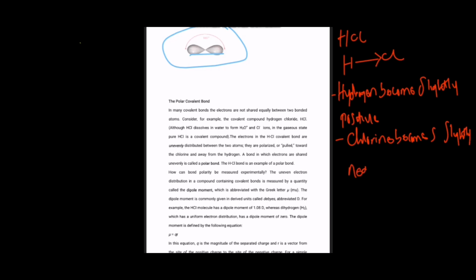Are we together? What this unequal sharing that occurs in a polar covalent bond really causes is that, using the example of hydrogen chloride, the electron or the bond moves towards the chlorine side and away from the hydrogen side. Since it moves towards the chlorine side, the hydrogen atom becomes slightly positive, while the chlorine atom becomes slightly negative.